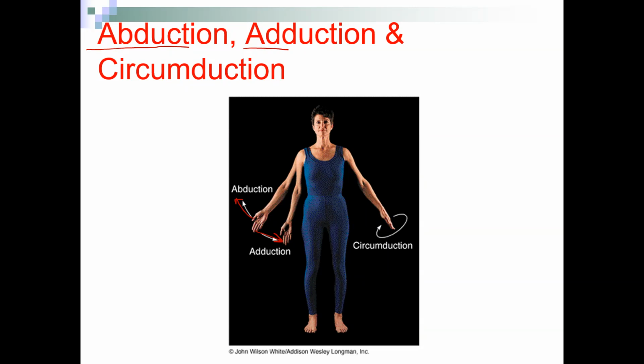Then we have circumduction. Now, circumduction is as a result of the glenoid cavity being shallow and the head of the humerus being fairly small. Circumduction occurs at the shoulder.